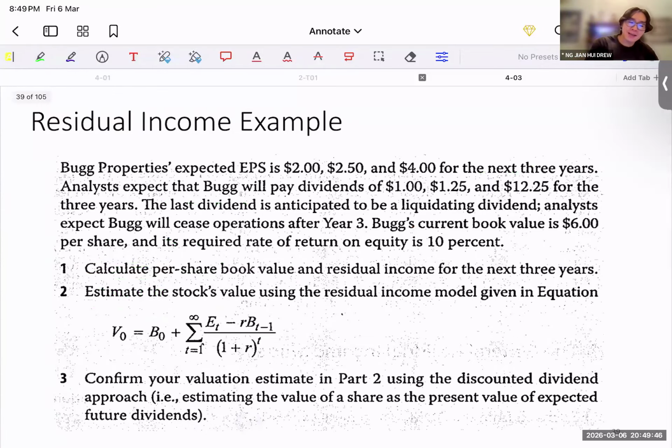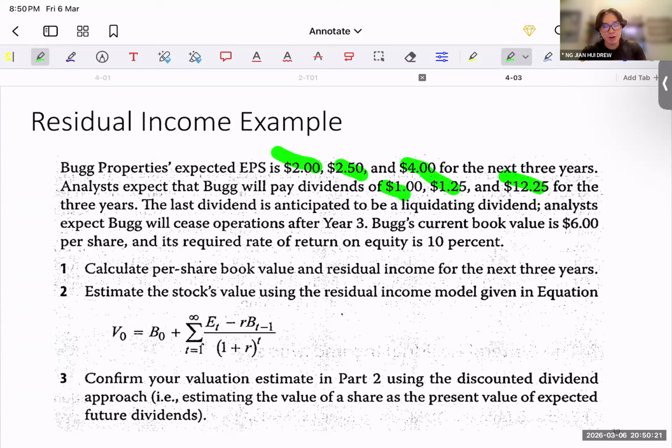Okay, so let's look at an example for the residual income model. This is Bulk Properties. Expected EPS is $2, $2.50, and $4 for the next 3 years. The analysts expect that Bulk will pay dividends of $1, $1.25, and $12.25 for 3 years. The last dividend is anticipated to be a liquidating dividend, and analysts expect Bulk to cease operation.